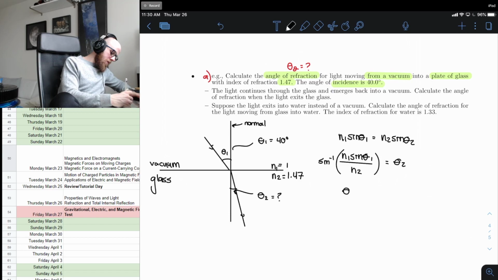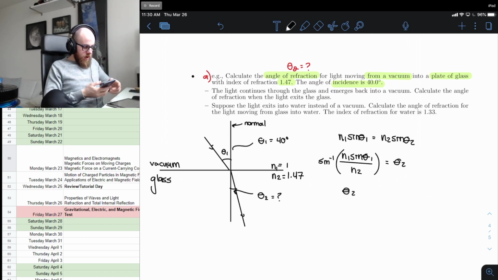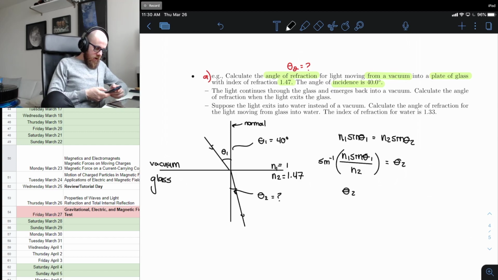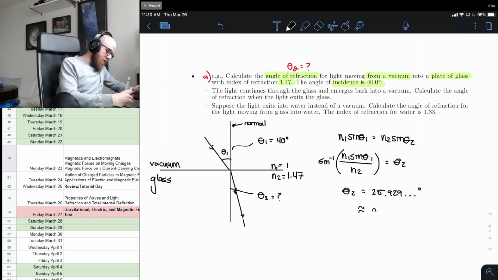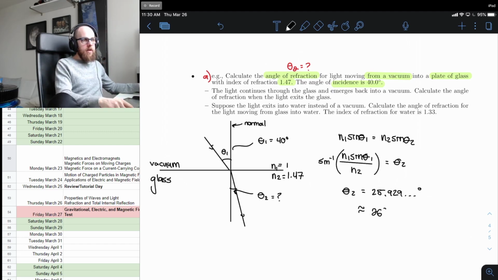So theta 2 is inverse sine of sine 40 degrees divided by 1.47. I get a value of 25.929 degrees, so approximately 26 degrees.